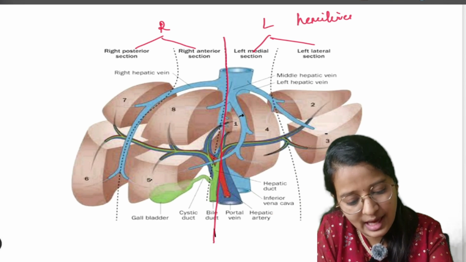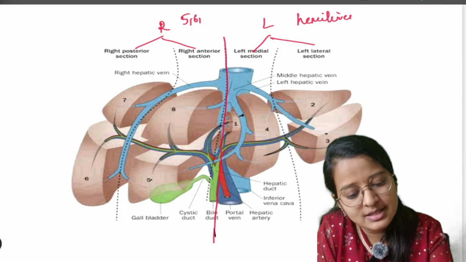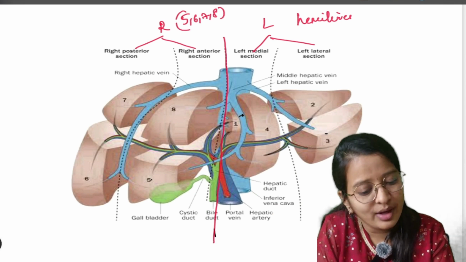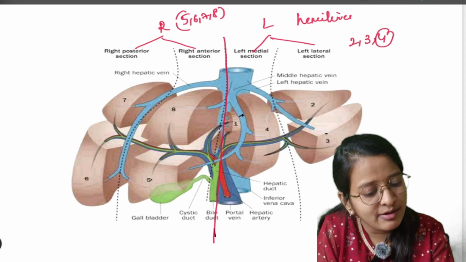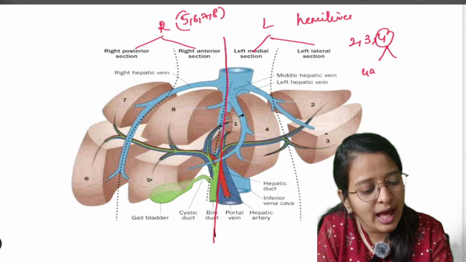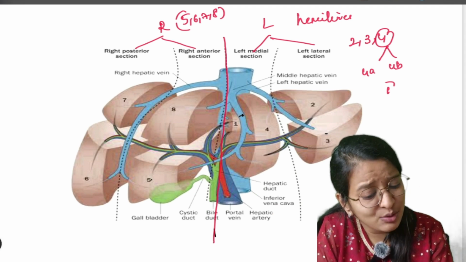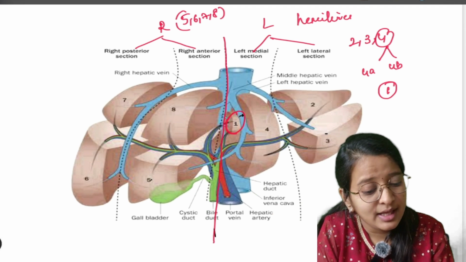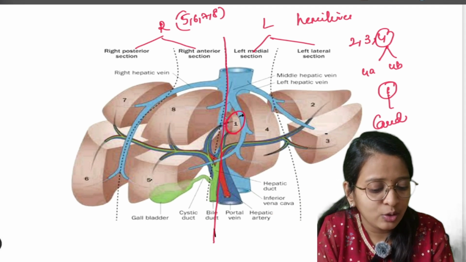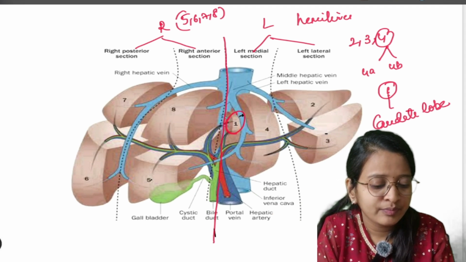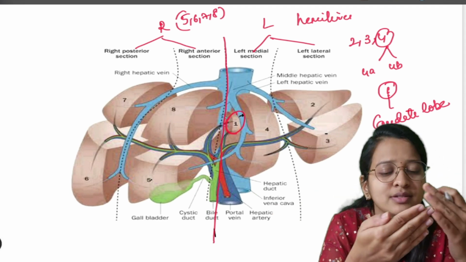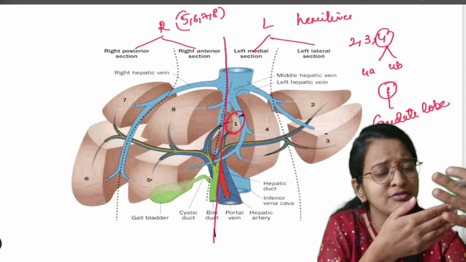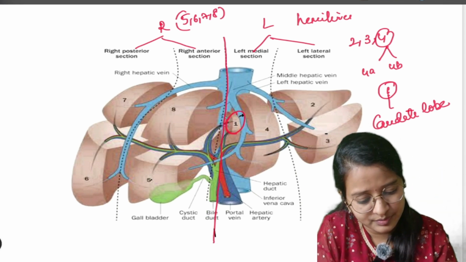The right one has segments 5, 6, 7, 8, whereas the left one has 2, 3, 4, and 4 is again divided into 4A and 4B. And the first segment is your caudate lobe. It is a separate segment which is totally posterior. We can't see it from the anterior view.